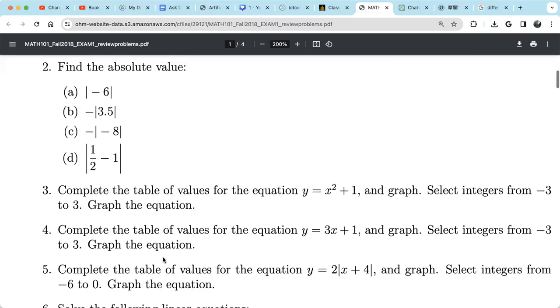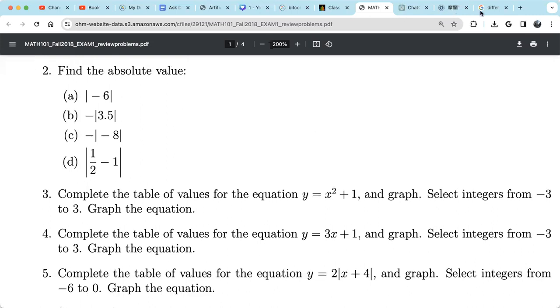Let's see 2, absolute values. So the first one, of course, absolute value of -6 is 6. The meaning of absolute value only considers the distance from the origin.